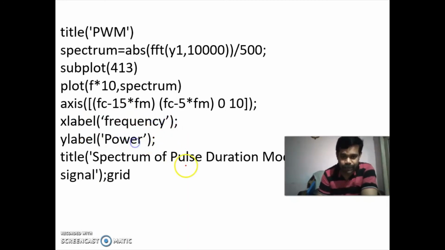So the title is spectrum of pulse duration modulation or pulse width modulation. Pulse duration modulation is another name for pulse width modulation. You end the statement with a semicolon, and in the next line you write grid. So this is the explanation of pulse width modulation and its spectrum.